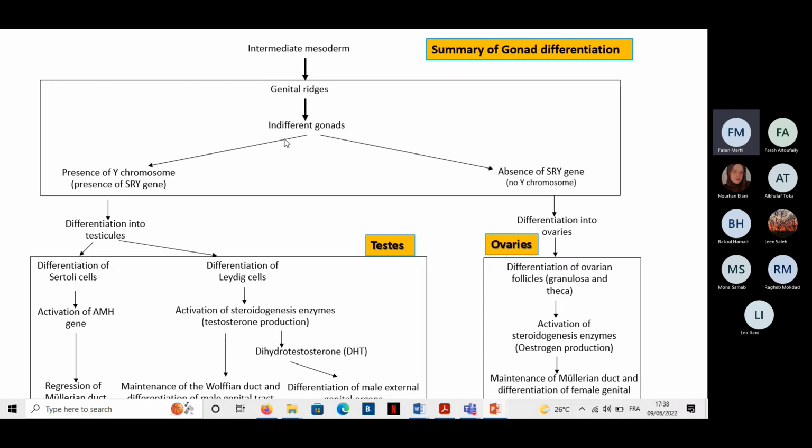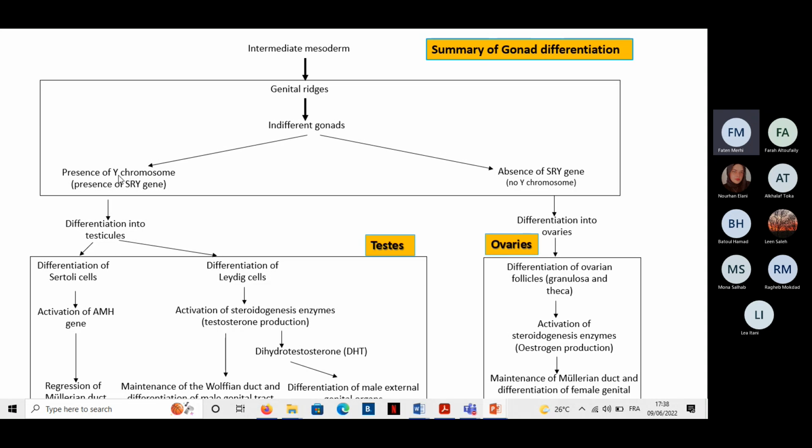But if the fetus is carrying a Y chromosome, so if it is genetically male, with the presence of a Y chromosome, we will have changes in the indifferent gonads in the male genetic sex.